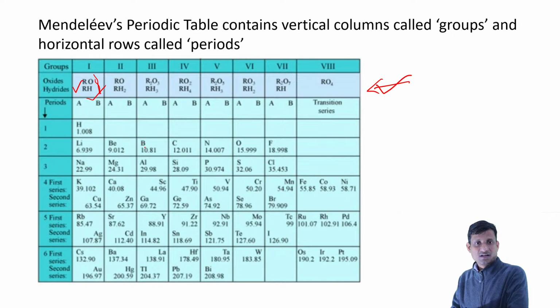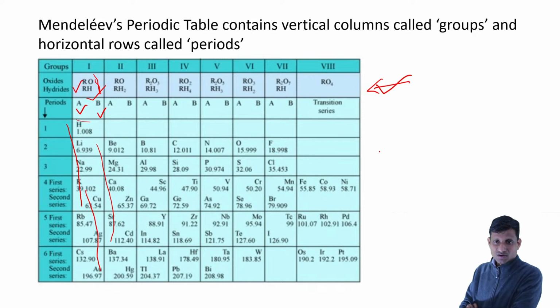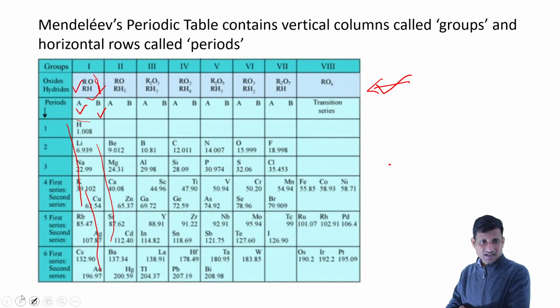You can see each group up to the seventh group has group A and group B. In group A these are the normal elements, and in group B these are the transition elements. This was nicely explained at the time, but still it was not a complete periodic table.